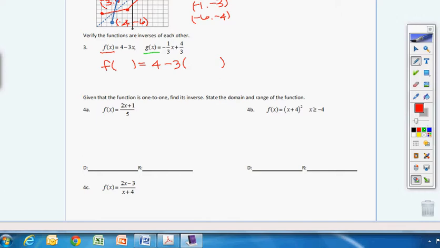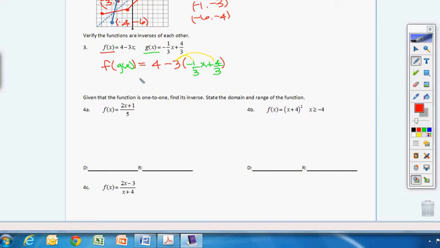All right, so I'm going to plug in my g of x. Instead of my x value, I'm plugging in the entire function, so -1/3 x plus 4/3. And make sure too that you're distributing them. Distribute the -3 into both of those.